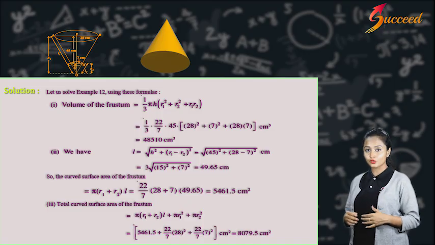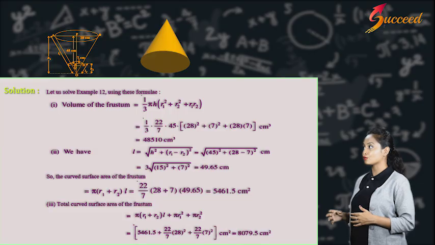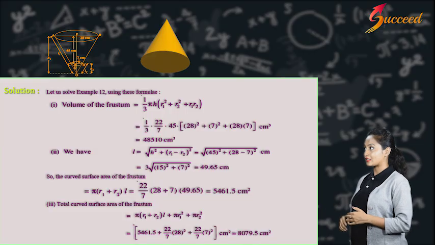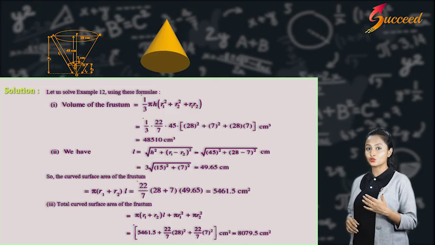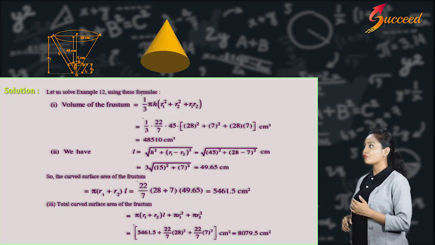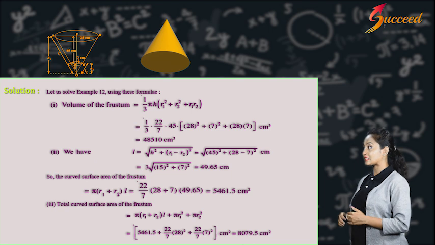Now, let us substitute the values in order to see the solution. This can be written as 1 by 3 into the value of pi, which is 22 by 7, into 45 into 28 square plus 7 square plus 28 into 7 centimeter cube.